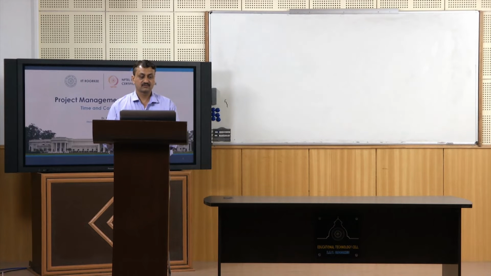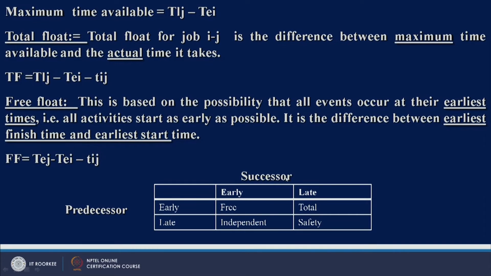Free float. In fact, if you look at this particular table, you have got succeeding activity and preceding activity. If you look at total float here, total float is in this table. So, this equation you can formulate from this table. What is total float?